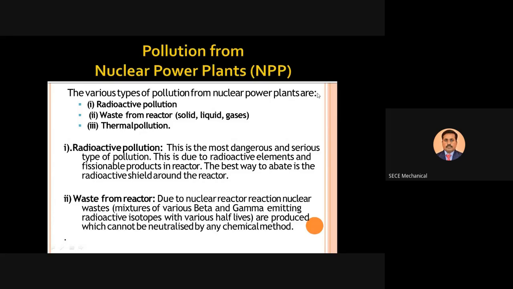We cannot control this pollution otherwise. So this is the important aspect we have to think about. This waste from the reactor should be controlled.